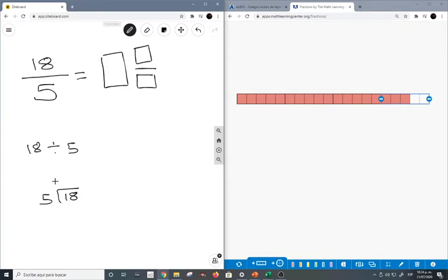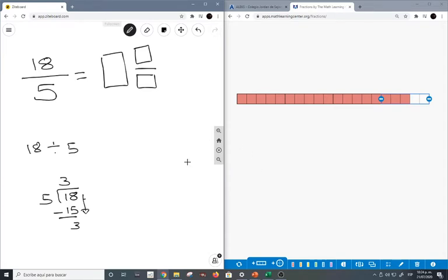It is a total of 3 times. 3 times 5 is 15. You subtract, the result is 3, and as there is nothing else to drop down, we can say that we finished our division. Of course, we can continue it with decimals, but we are not going to do it on this occasion. We stop when we find the remainder.